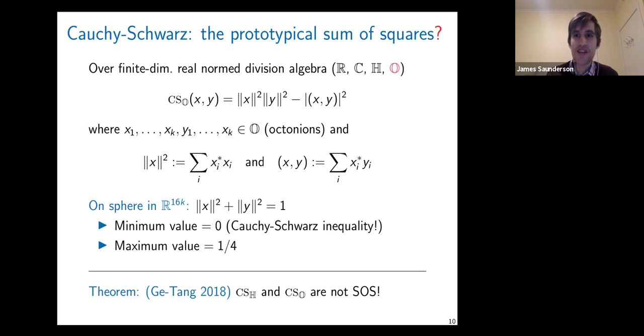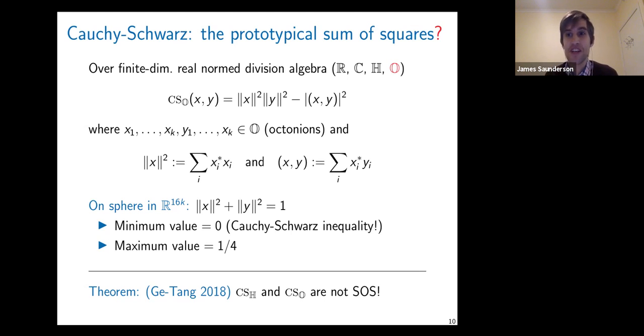And so what I did is I started computing with the quaternionic case because it's smaller and easier to deal with. What I noticed is that as you increase the value of k, the length of the vectors, the gap was growing. This is very interesting to me.